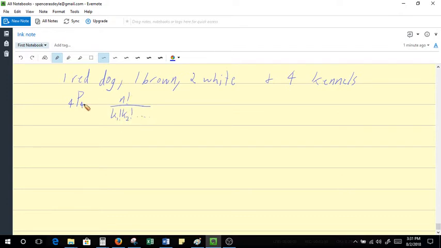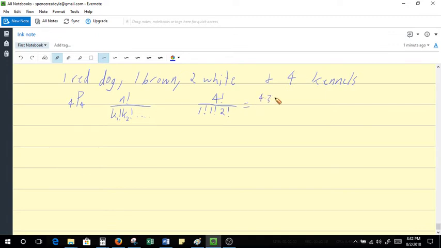We have equal slots. So we have 4 factorial, and then we have 1 red dog, so that's 1 factorial. We have 1 brown dog, that's 1 factorial, and we have 2 white dogs, so that's 2 factorial.